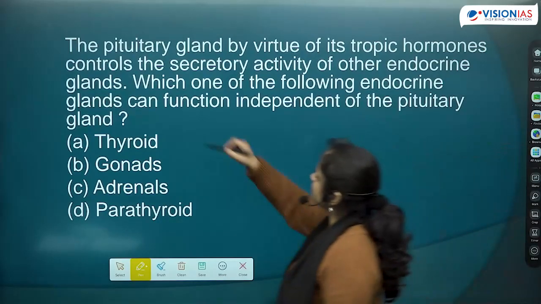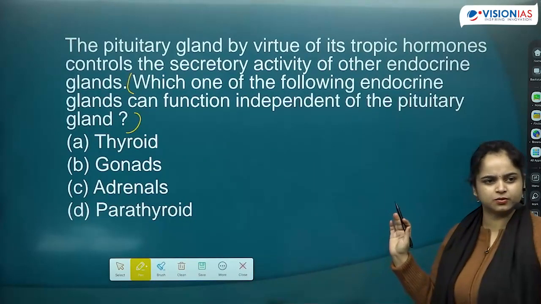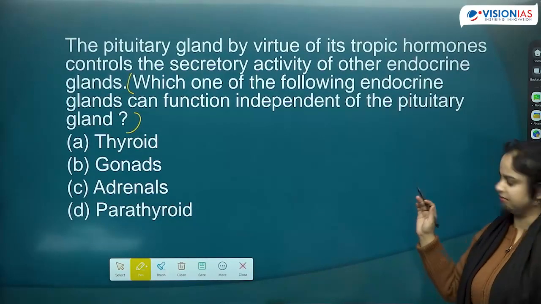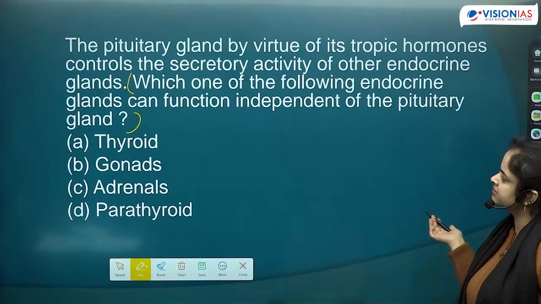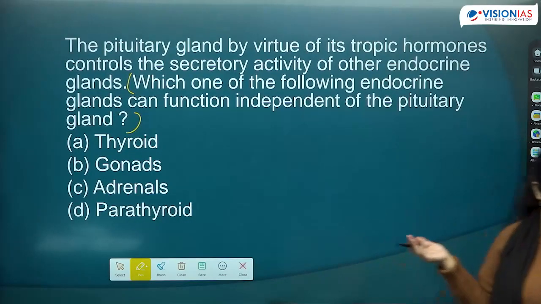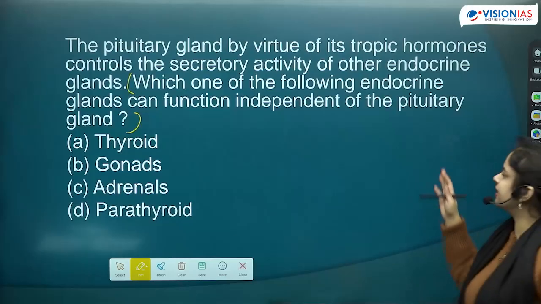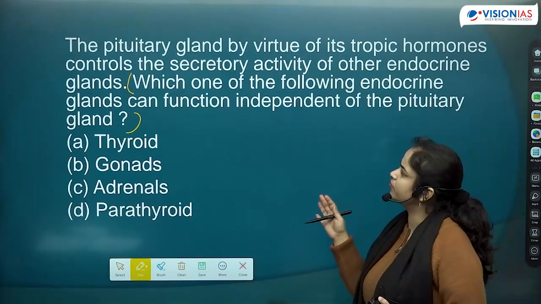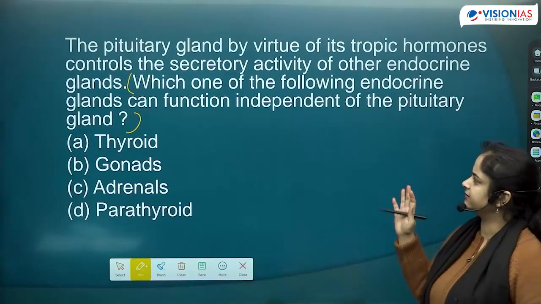Now, if the question was just this much, then also it would have been a complete question. But they've given you one more line, and that is just to give you some additional information and maybe make the question appear a little bit more technical. So the first statement is saying pituitary gland, by virtue of its trophic hormone, controls the secretory activity of other endocrine glands.